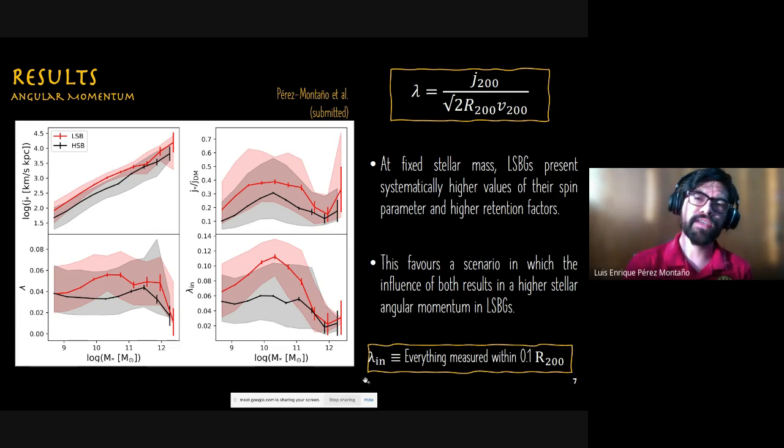So we observed at fixed stellar mass, as we already saw in the previous talk, that LSBGs present systematically higher values of their specific angular momentum and the spin parameter.